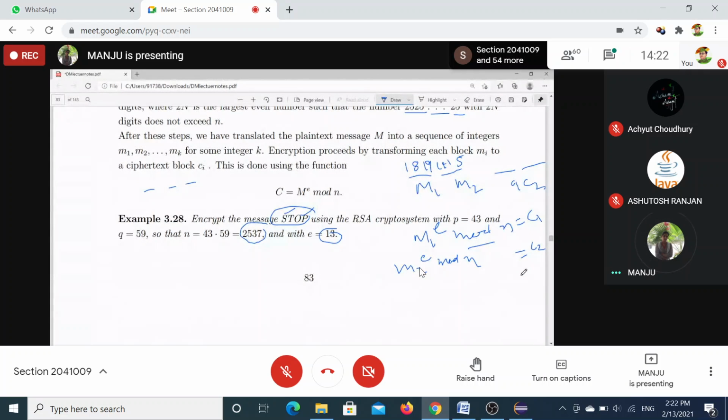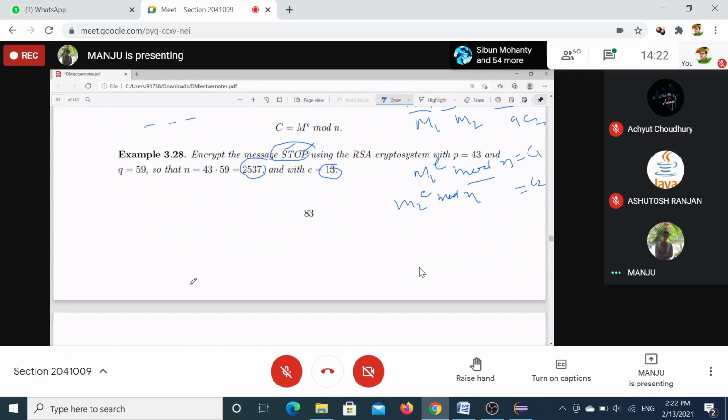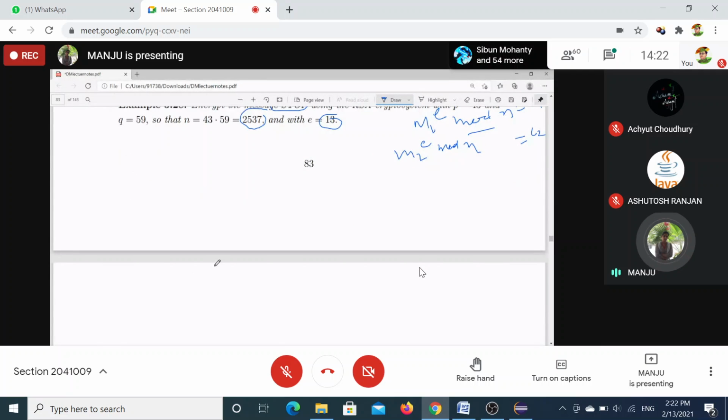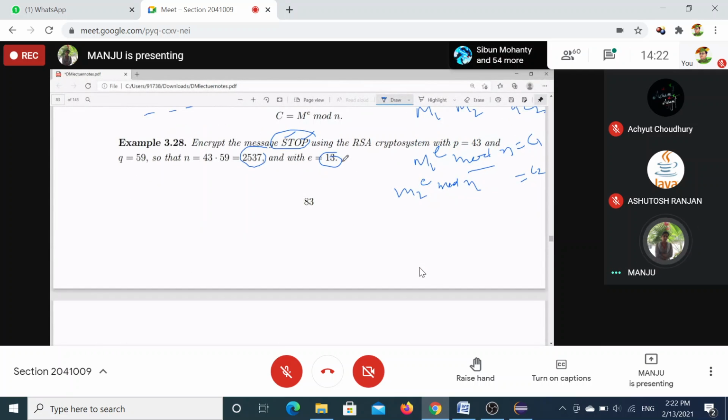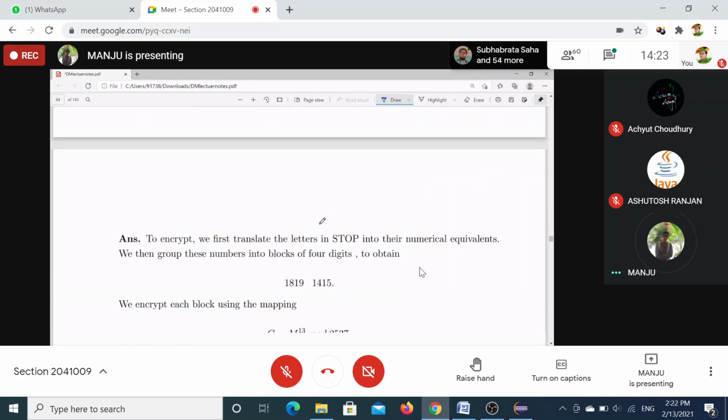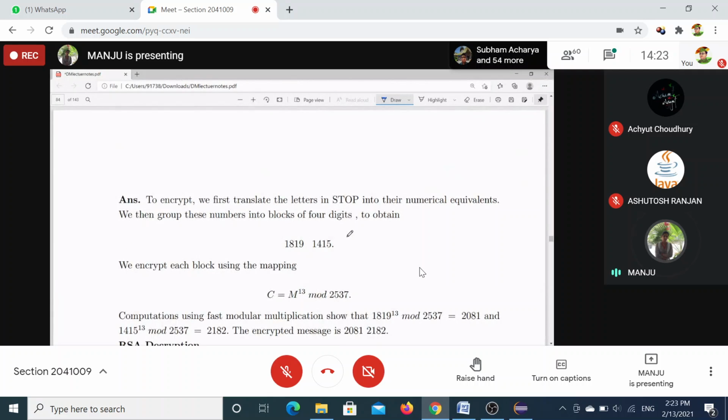Then you have decryption. For example, in this same encryption, E is given as 13, N is given as 43 into 59, that is 2537, where P and Q are 43 and 59. So "stop" is converted to the numerical equivalent 1819 and 1415, grouped in two blocks.